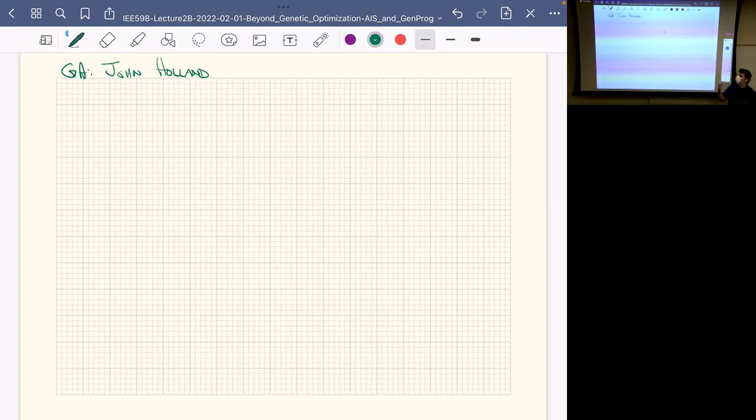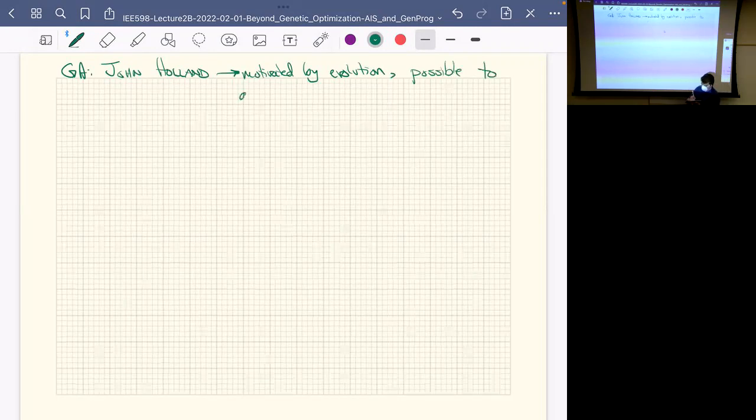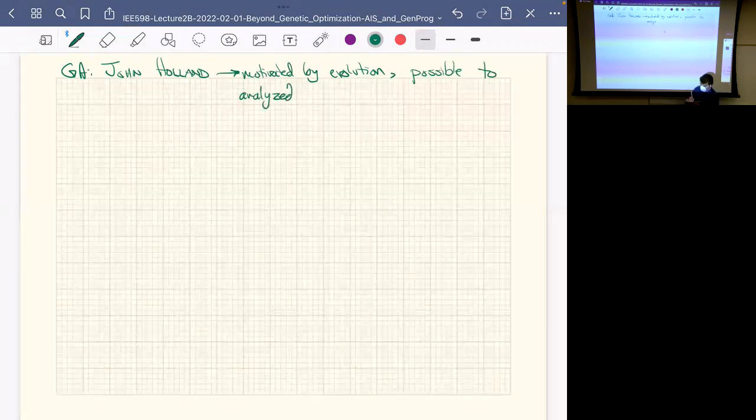His focus was to generate something that was motivated by evolution, but also was possible to analyze mathematically.